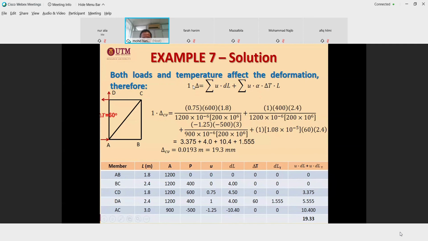This is external work, because what is meant by external work is the work done by the virtual load through delta deflection. So now you sum up the total, 19.33. So what is delta? 1 multiplied by delta equal to 19.33. Therefore, delta equal to 19.33.